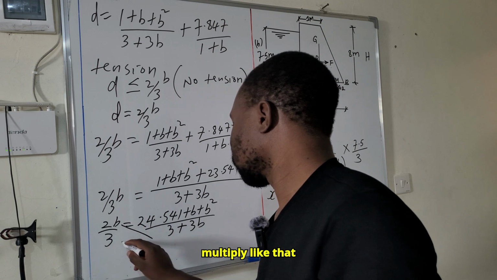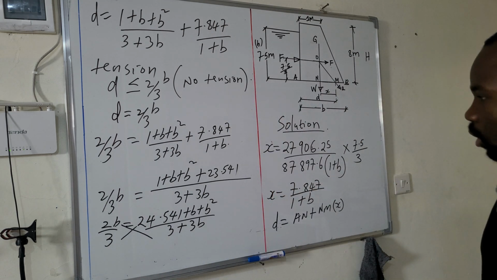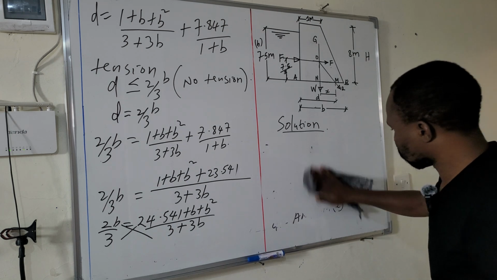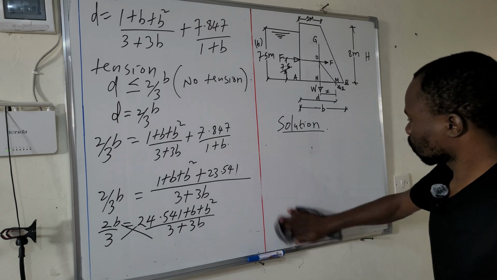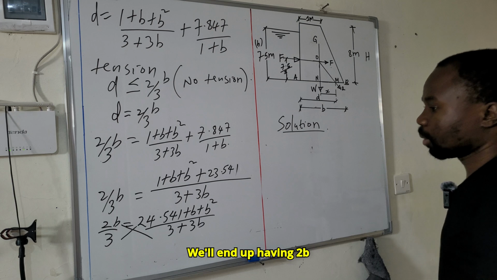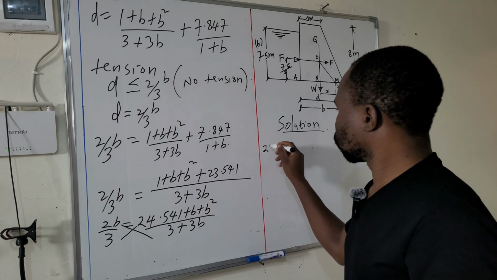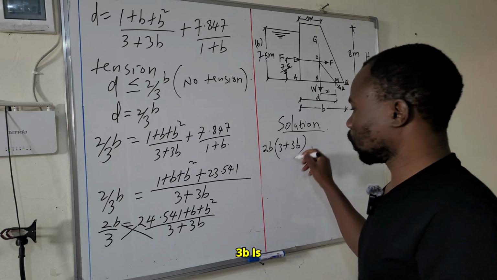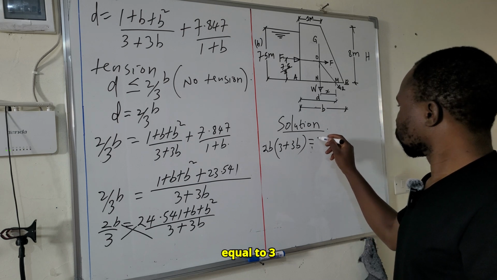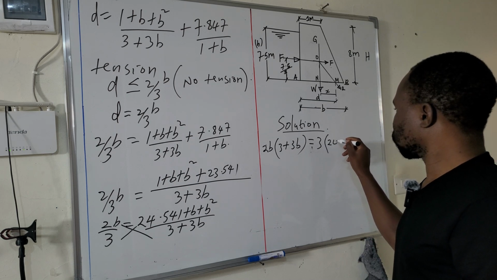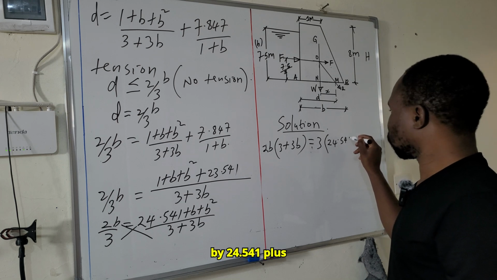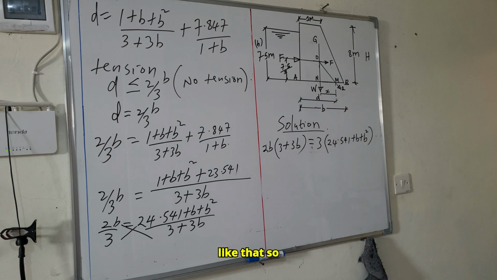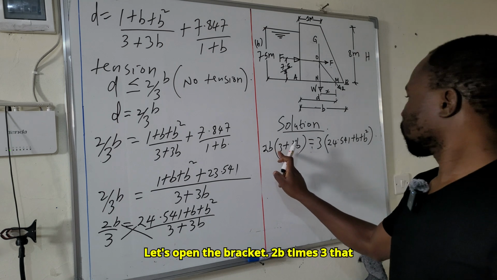And then we cross multiply like that. So we'll end up having 2b multiplied by (3 plus 3b) is equal to 3 multiplied by (24.541 plus b square), like that.